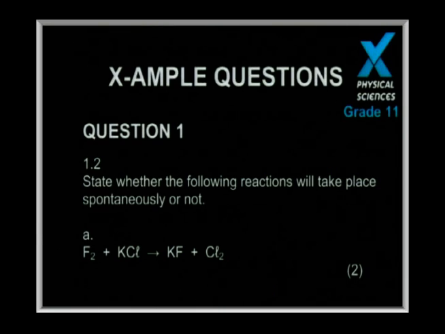The next question asks us to state whether the following reactions take place spontaneously or not. So let's quickly just talk about what is a spontaneous reaction. If a reaction takes place spontaneously, then when those two reagents are placed together, the reaction will proceed naturally without us having to do too much to help the reaction along.